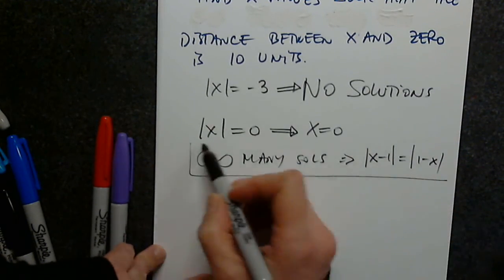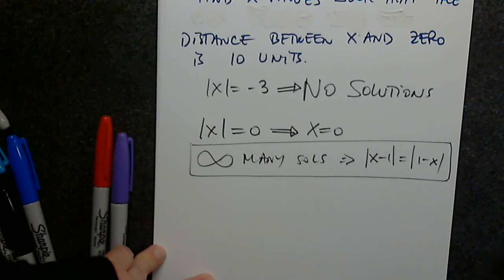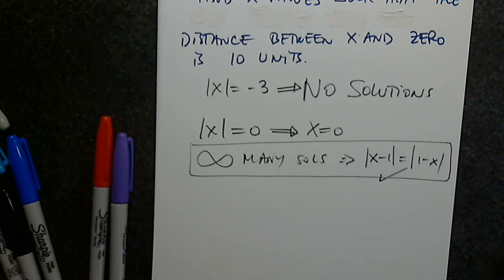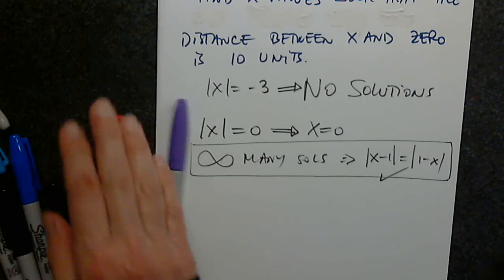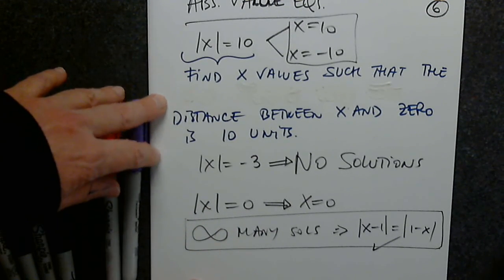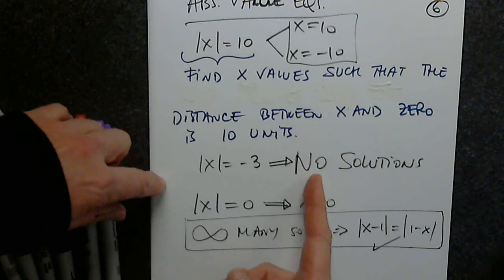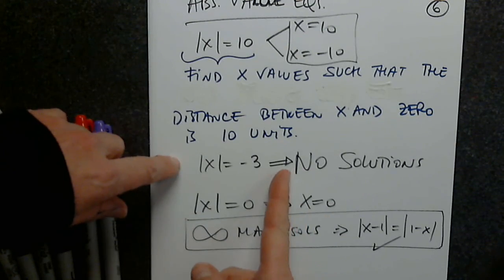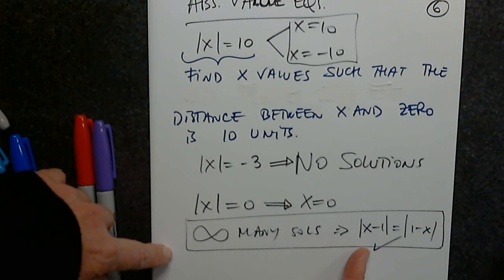But I have not seen an example like this, so you do not have to worry about that. I didn't see an example like this in your book, so we're fine. So just keep in mind that absolute value equations can really come up with all sorts of stuff. 2, 1, 0, infinite.